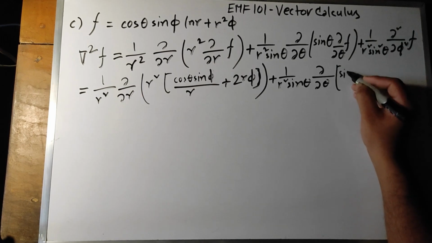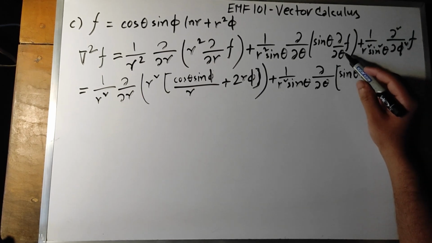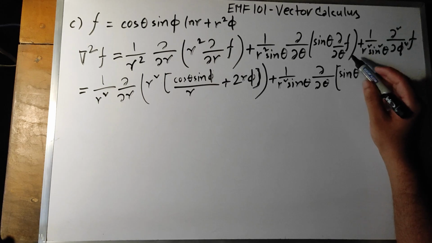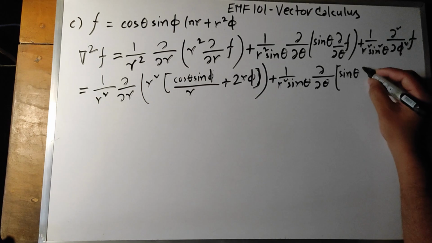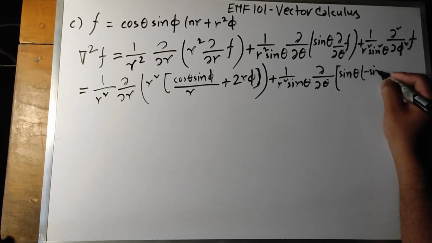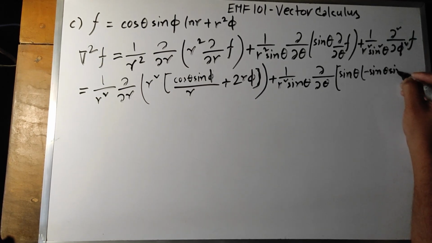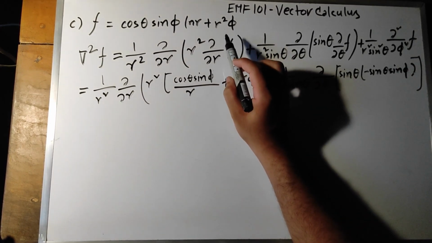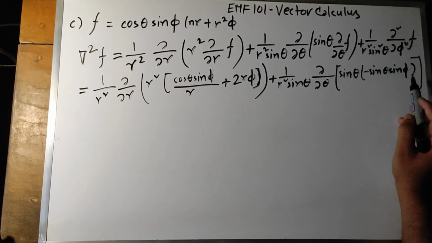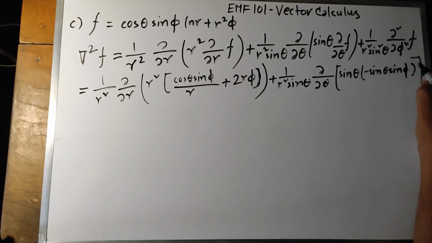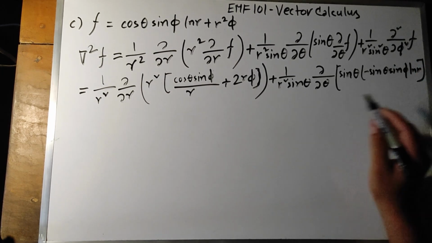So sin theta and partial differentiation in terms of theta is cos theta, so there will be minus sin theta sin phi plus 0. So there's no theta component, so only minus sin theta sin phi ln r, plus 0.